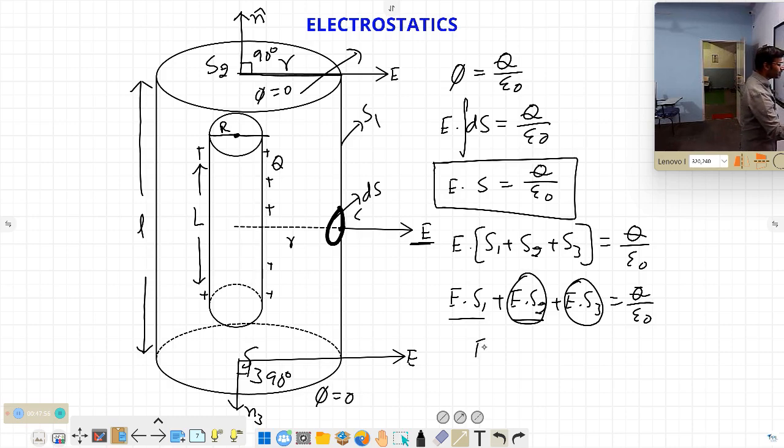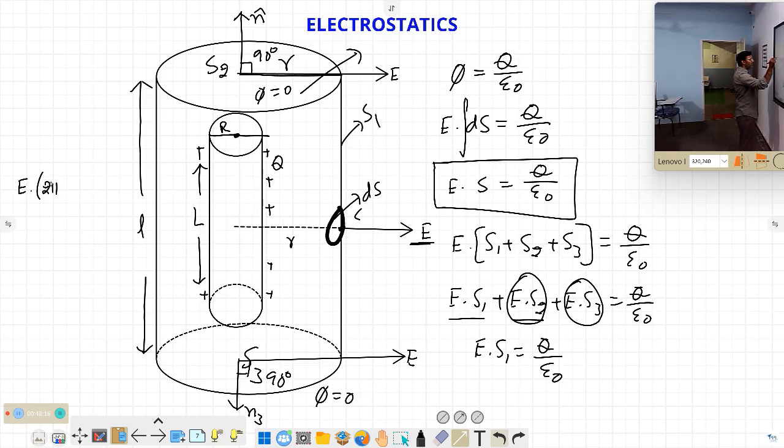So I can write simply E into S1 is equal to q by epsilon naught. What is S1? S1 is the surface area of the first one. What is the surface area of the imaginary Gaussian surface? That is nothing but the length of the cylinder.